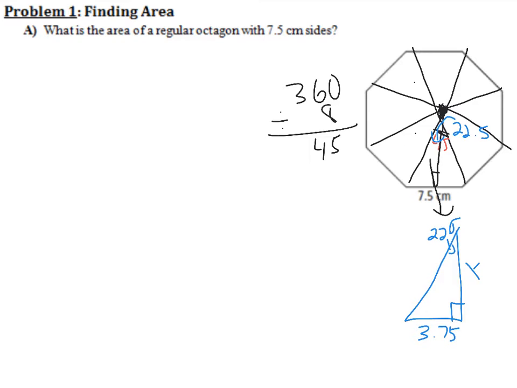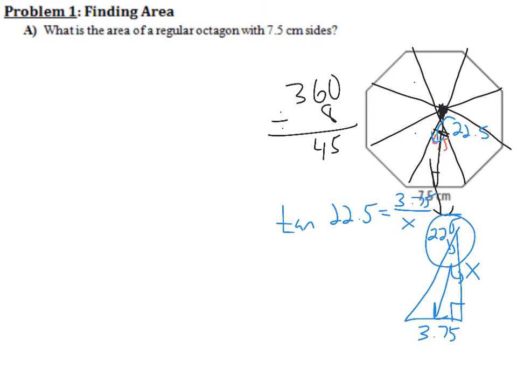Now how I'm going to find it is I'm going to use trig. I'm given this angle up top, I know the opposite side length, and I'm asked to find the adjacent. The trig function that works with opposite and adjacent is tangent. So if I take the tangent of 22.5, it would be equal to the opposite over the adjacent.